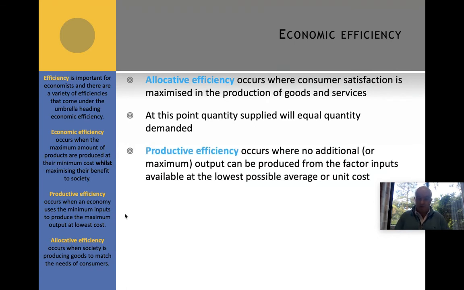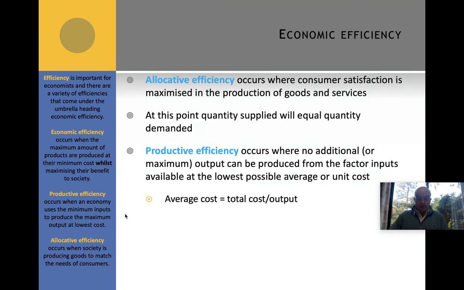And when we talk about productive efficiency, that's where effectively we can't get any more output from the factors of production that we've got in place. So we're producing at the lowest possible average unit cost, and that's something we'll show graphically over the next couple of slides too.